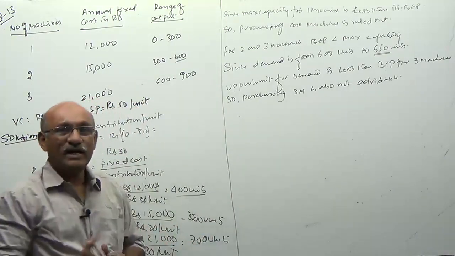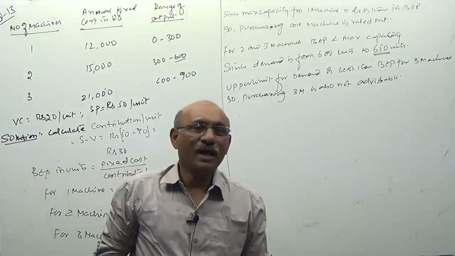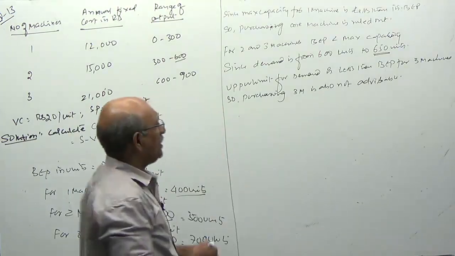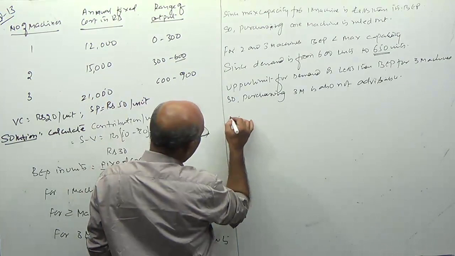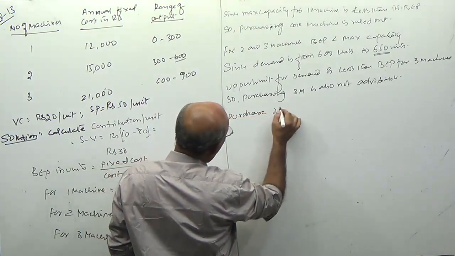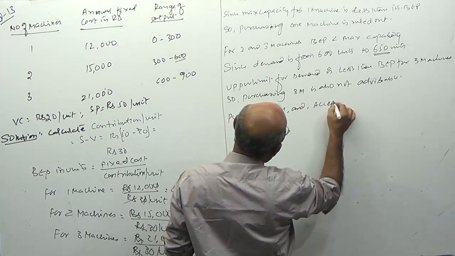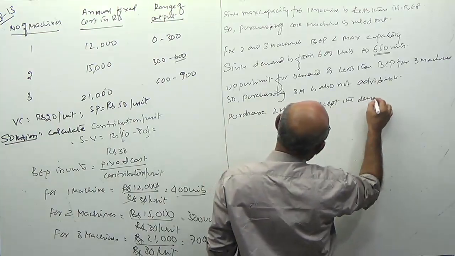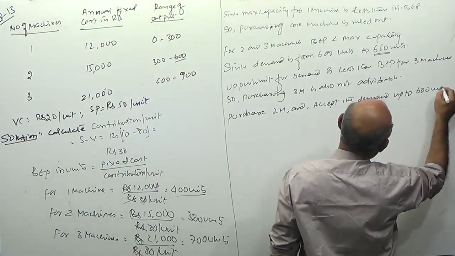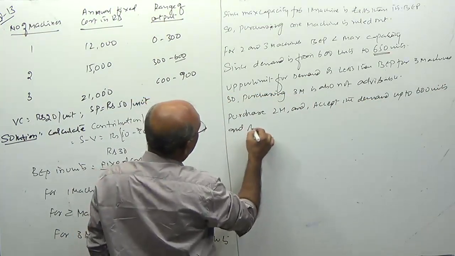So what is the final decision we have to take? Accept the demand up to 600 units and reject the further demand. Therefore, final conclusion: purchase 2 machines and accept the demand up to 600 units and reject the further demand.